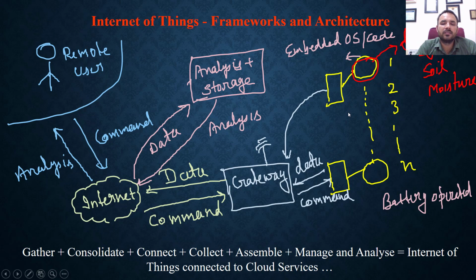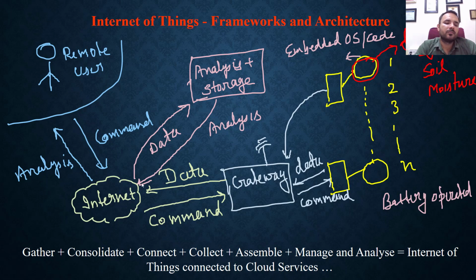Now the IoT devices understand, okay, my gateway needs this and this information from me. Fine. Now these IoT devices send the data back to the gateway. And this gateway sends this data to the internet. Now the question comes, can the internet directly send this data to the remote user? I must say no. Why?